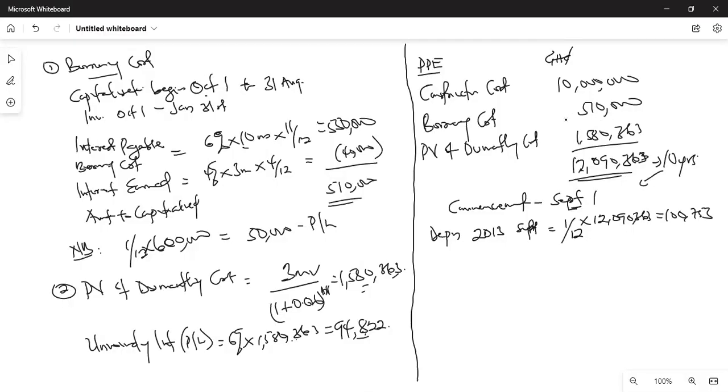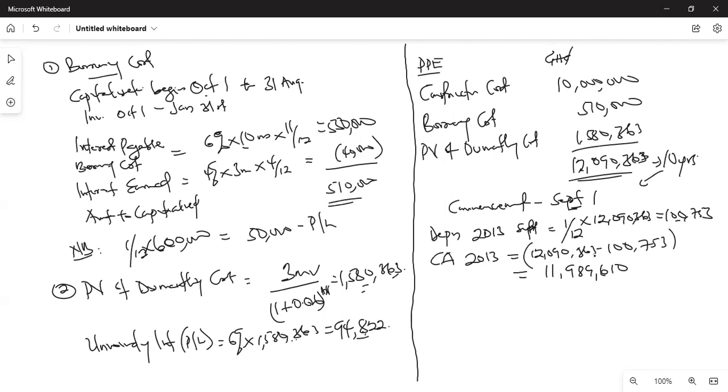Key thing is that if we now want our carrying amount for 2013, we take 12,090,363 and take off our depreciation, which is 100,753. How much would that give us? We get 11,989,610.